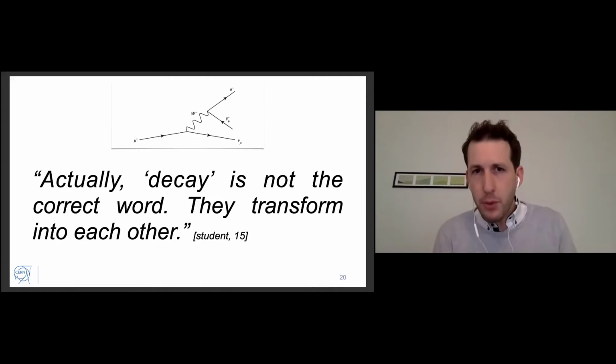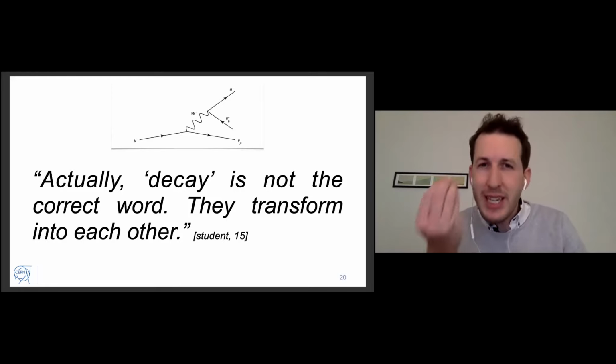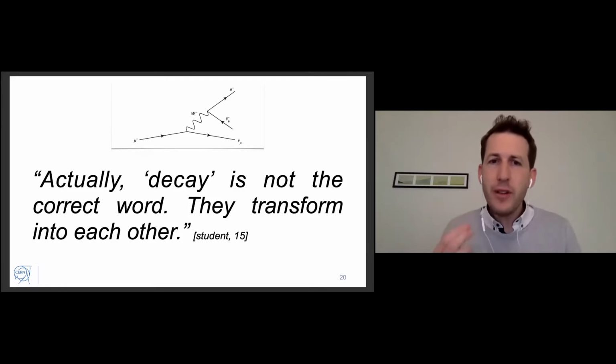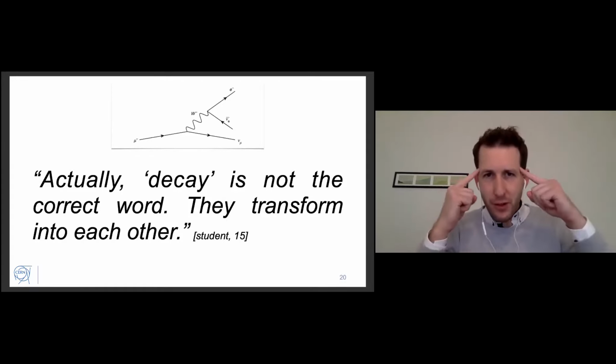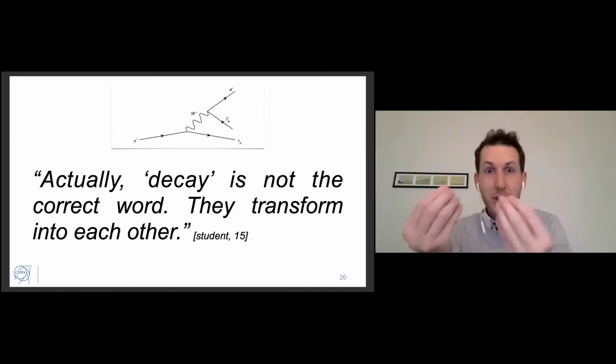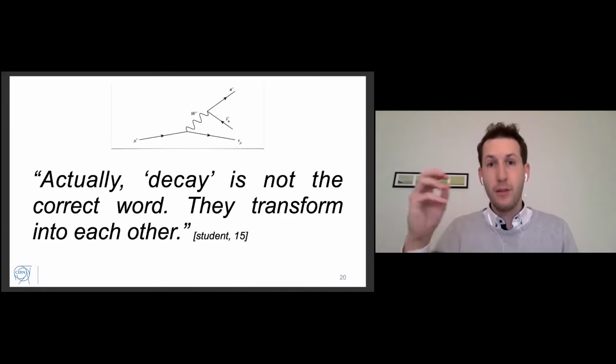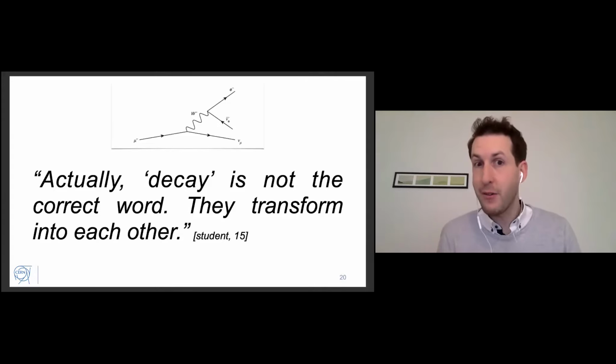Usually in our textbooks, if at all, it only says that the muon decays into an electron and two neutrinos. That's usually what it says. But the word decay is not easy for students, because for students, decaying means that the muon breaks up into the other particles. Whereas the word transformation is the way better word to explain what happens in transformations of particles.